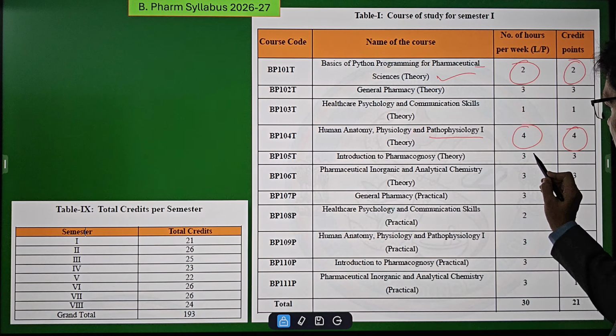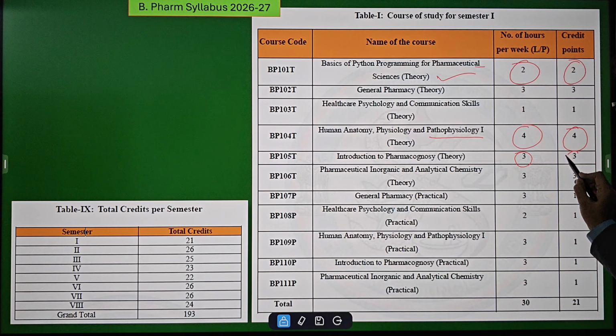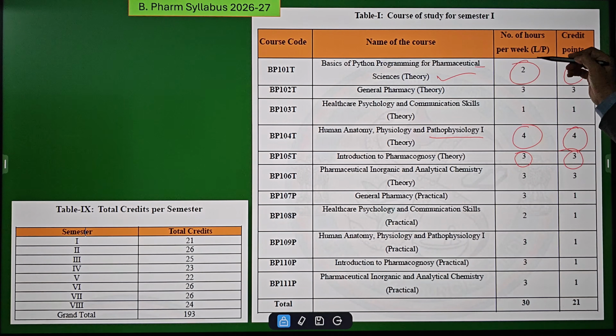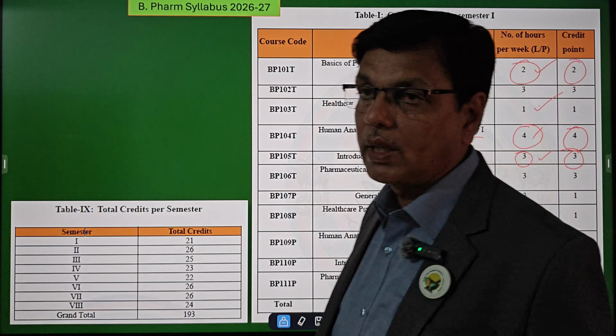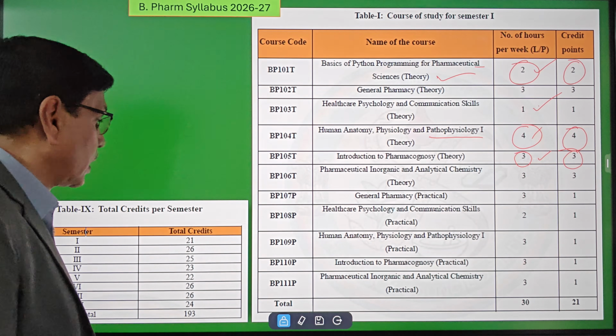And introduction to pharmacognosy, it is having 3 credit points, it is a 3 credit. So number of hours per week would be 4 hours classes, 3 hour classes, 2 hour classes and 1 hour class also. It is very well distributed, right?